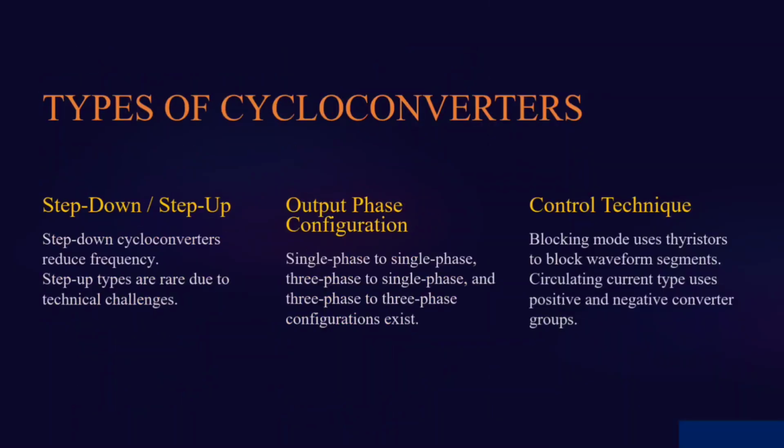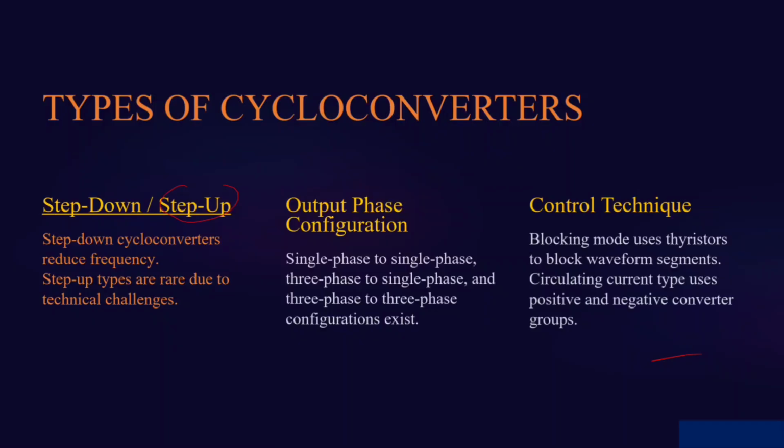Now we'll see the different types of cycloconverter. Based on three different criteria, we can classify these cycloconverters. First is step down and step up cycloconverter. The step down cycloconverter reduces the frequency, and the step up cycloconverter increases the output frequency.